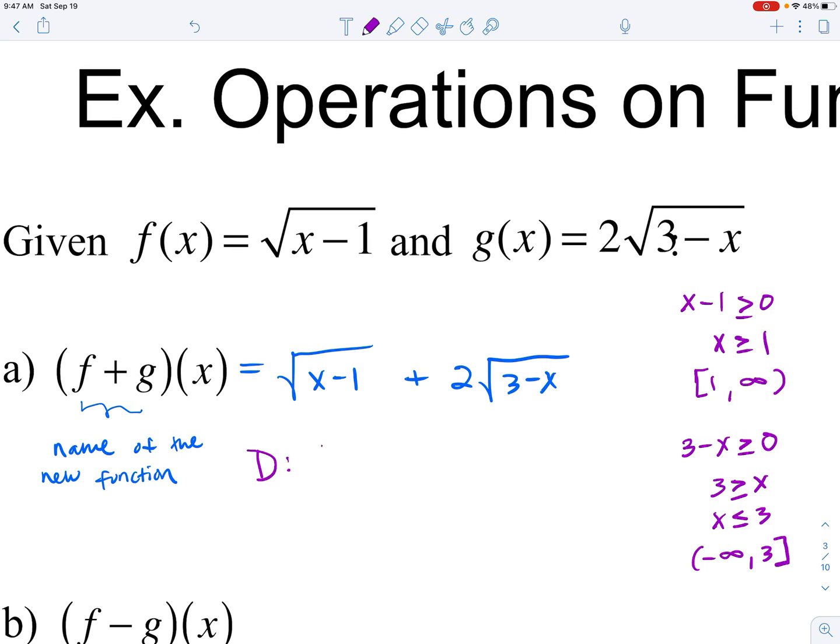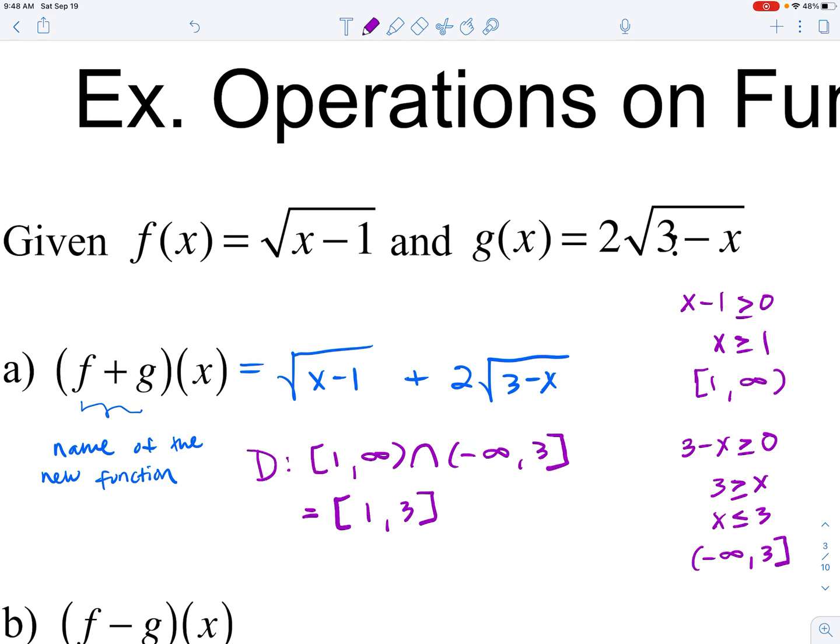I can write that the domain is the intersection of 1 to infinity and negative infinity to 3. That can be simplified and written as the interval from 1 to 3.